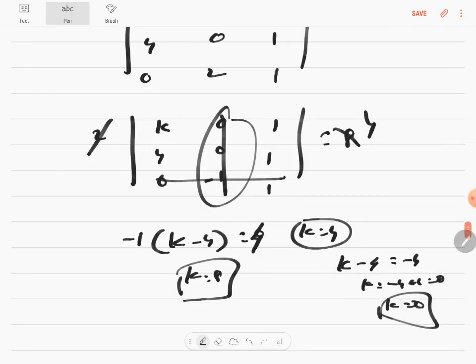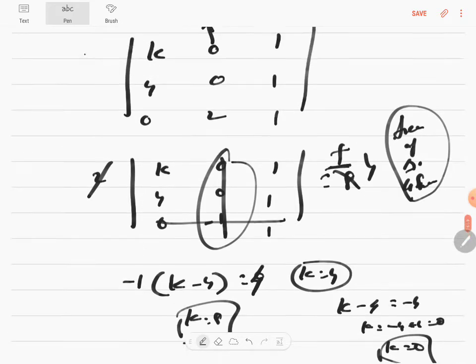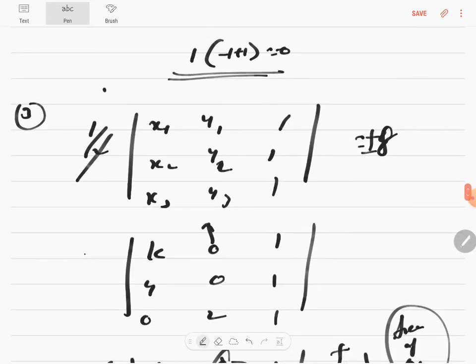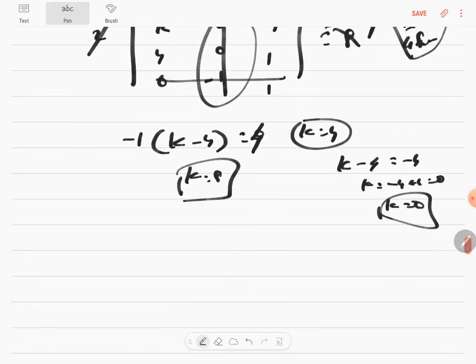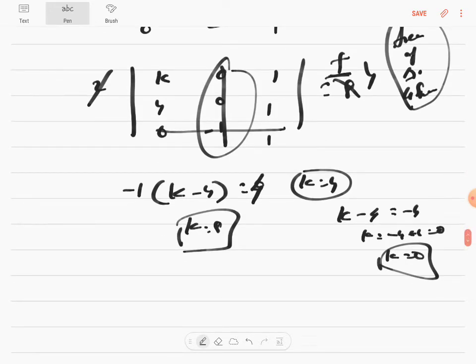So there is a plus or minus which needs to be taken when you are taking off the determinants, because it's not about taking off the determinants, it's about the area of the triangle. The area of the triangle is given as 4 square units, but it can be plus or minus 4, because they have given the area as plus 4. They can't specify it as minus 4. So it could have been plus or minus 8 in the initial stages itself. So you have to equate it to plus 4 and minus 4 and get the value. And sorry, I equated to 0. I'm not supposed to do that.